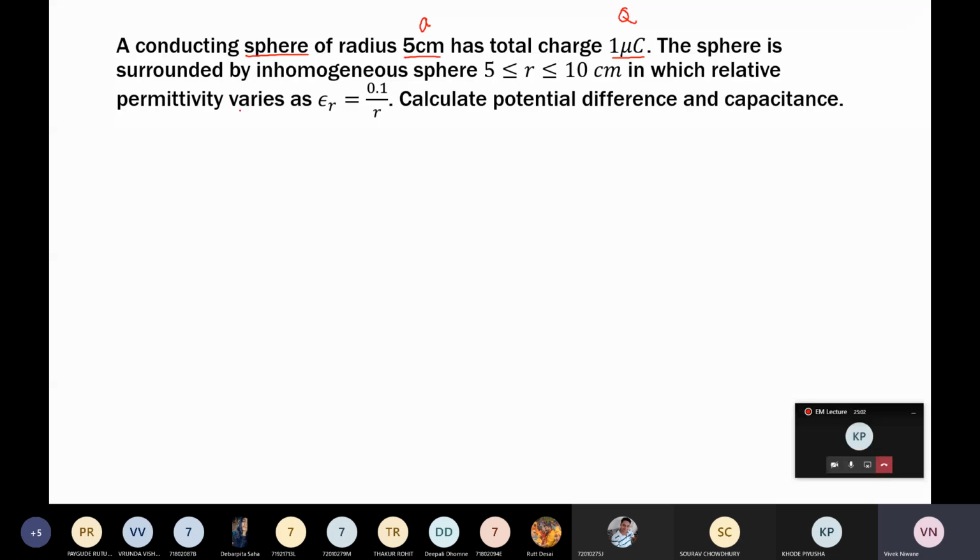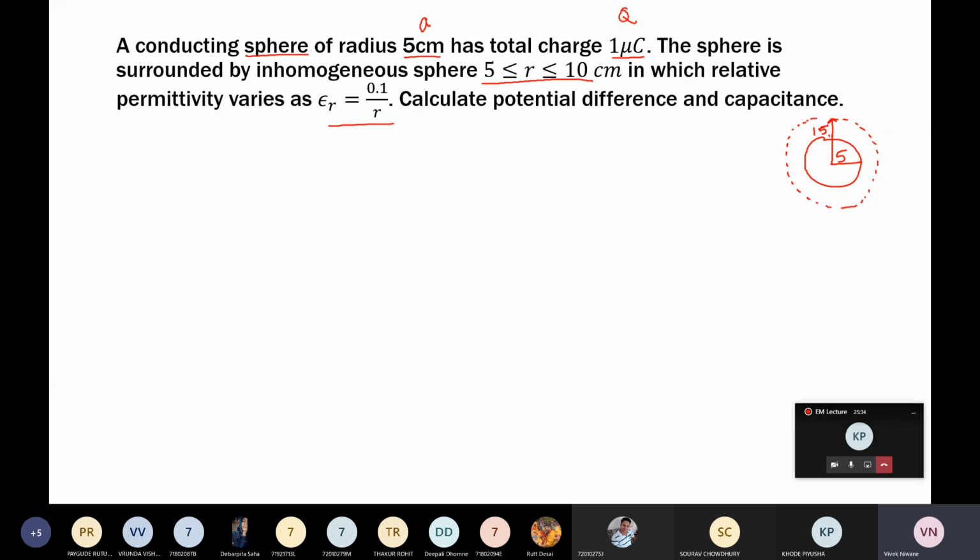The sphere is surrounded by an inhomogeneous dielectric. Okay, इतने रीजन में, 5 से आगे 10 सेंटीमीटर में, in which relative permittivity varies like this. तो एक स्फीयर है with radius 5 सेंटीमीटर, 5 से 10 सेंटीमीटर तक. ओके, 5 से लेके 10 सेंटीमीटर तक, मतलब ये 15 सेंटीमीटर.